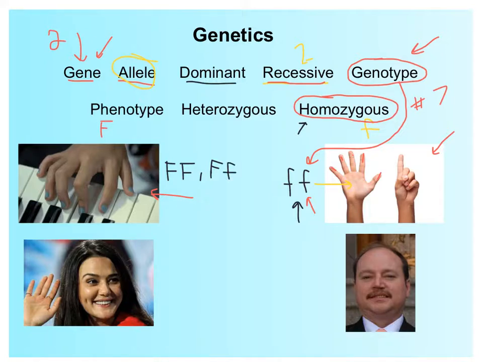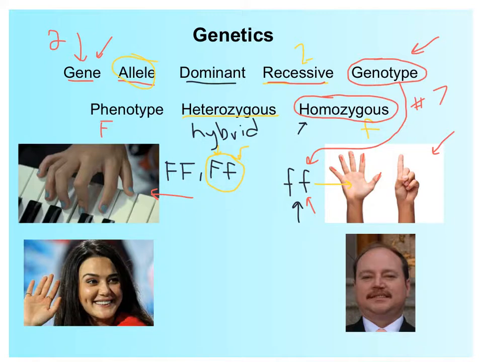So they got a capital dominant allele from one of their parents, and they got a lowercase recessive allele from the other parent. Whenever you have 2 different alleles, a recessive and a dominant, that's called being heterozygous for the trait, or they also call it being hybrid. So heterozygous and hybrid mean the same thing.